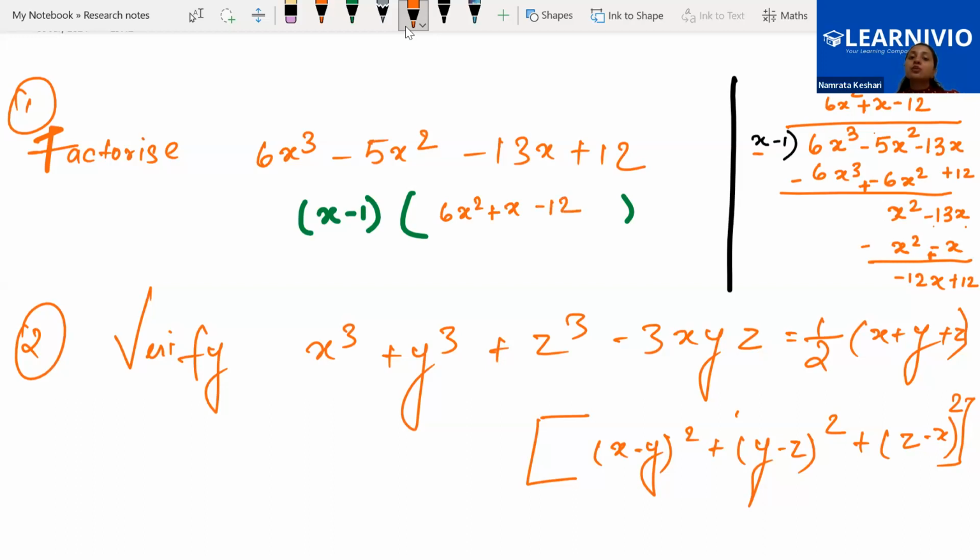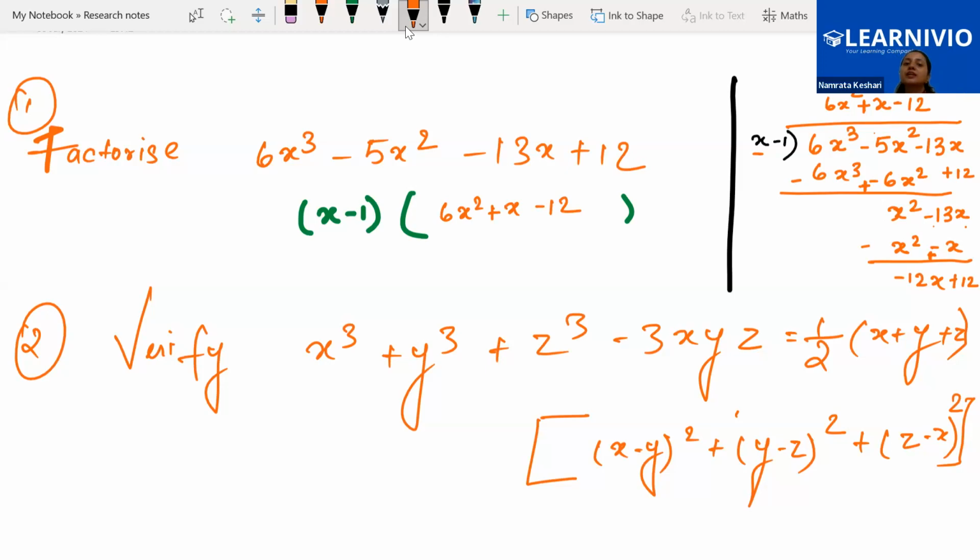Now we can still factorize this part, 6x square plus x minus 12, by splitting the middle term. Whatever the numbers are, we want to get 1. First we need to factorize 12 into 6, that is 72.